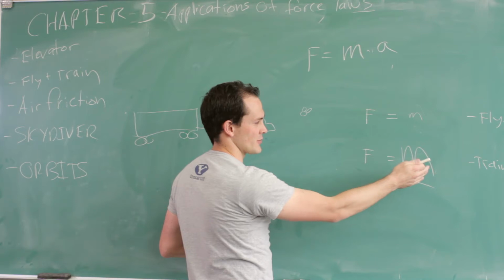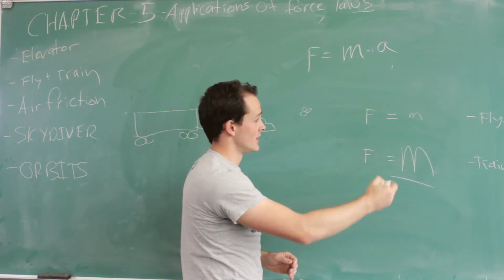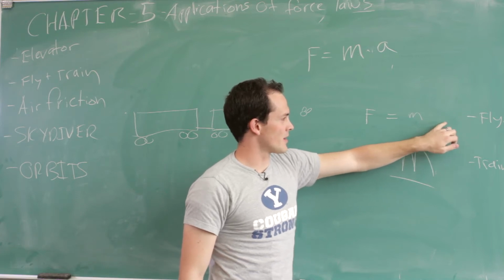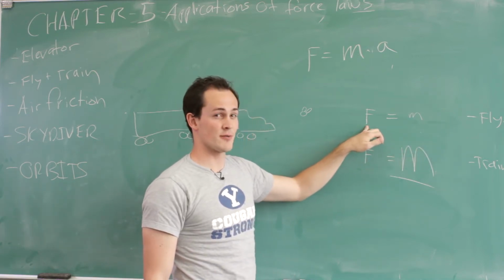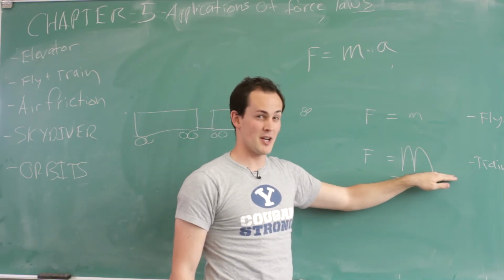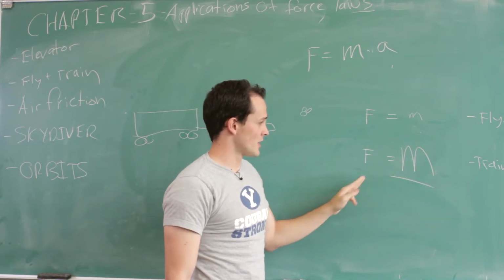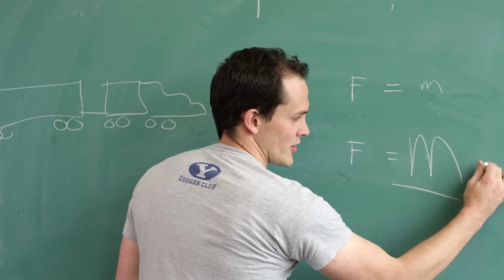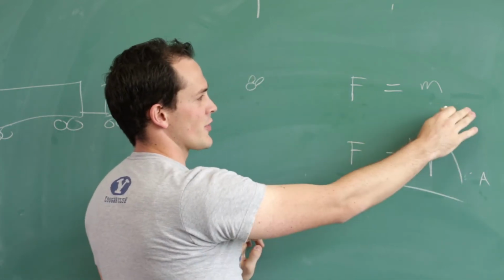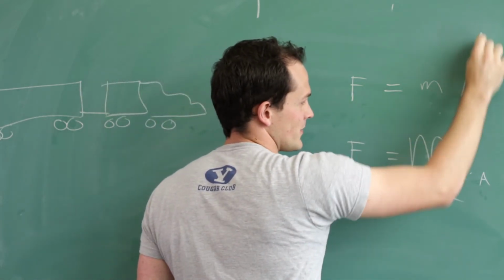So one of these is going to have to accelerate more than the other one will. This mass needs to be multiplied by a really big number to get us to the size of this force. And this mass needs to be multiplied by a very small, teeny-weeny number to get us to be this force. So the acceleration that the train undergoes is going to be very, very small. And the acceleration that the fly undergoes is going to be enormous.